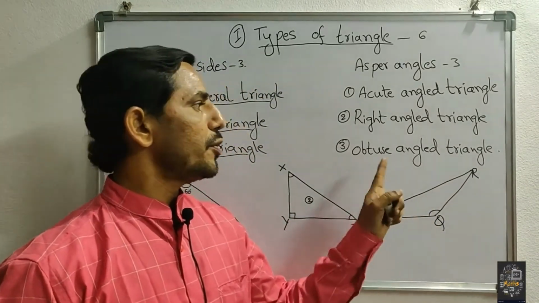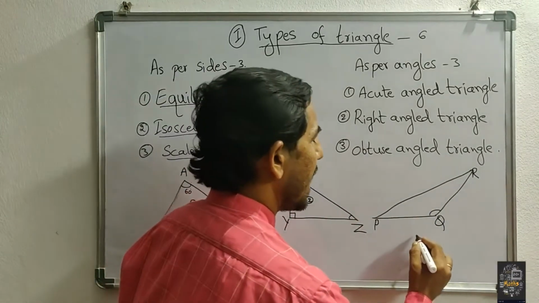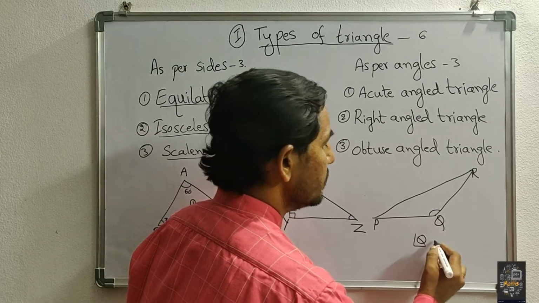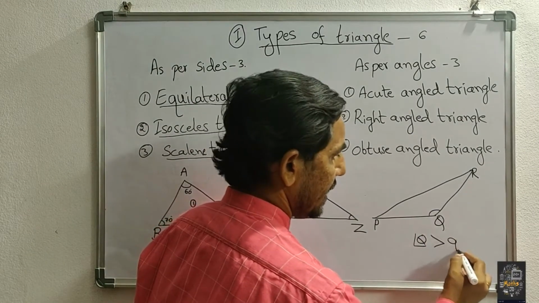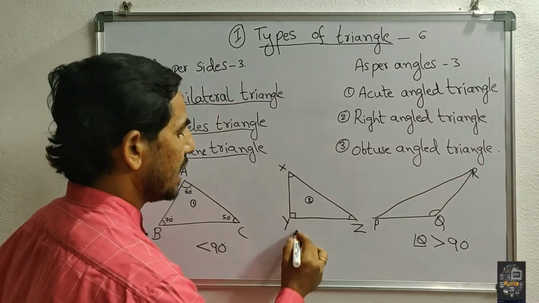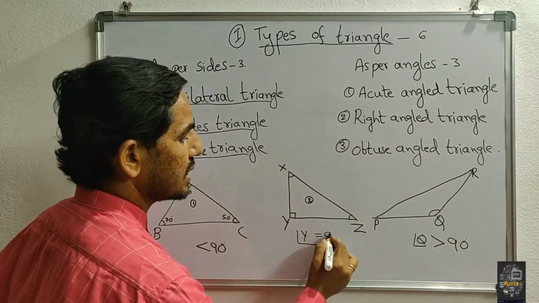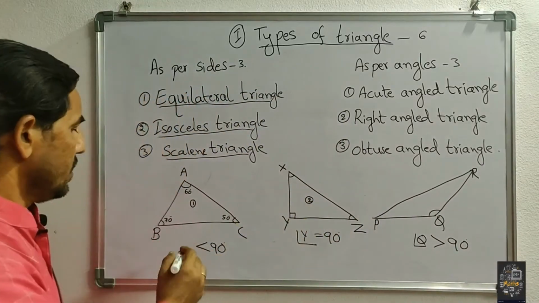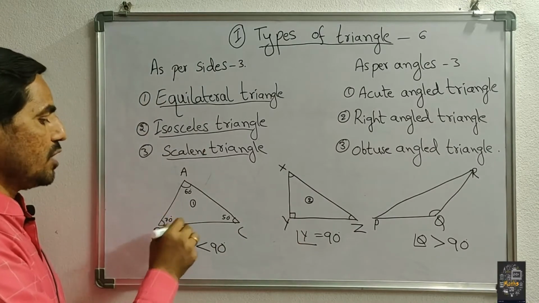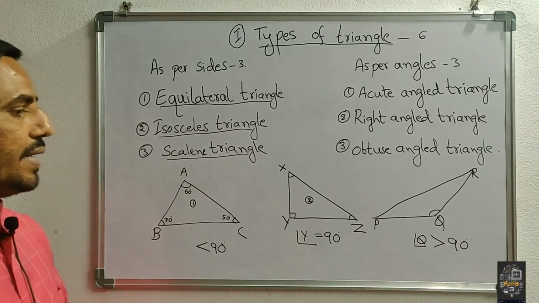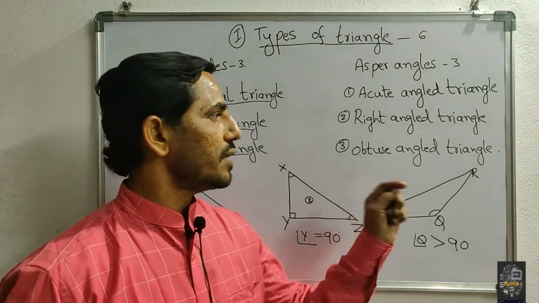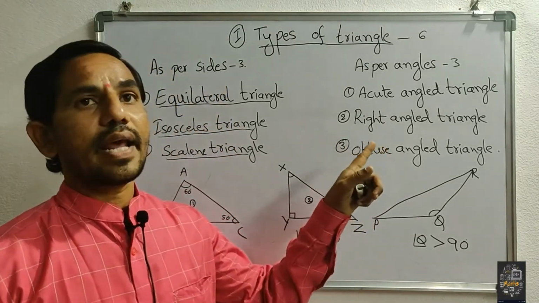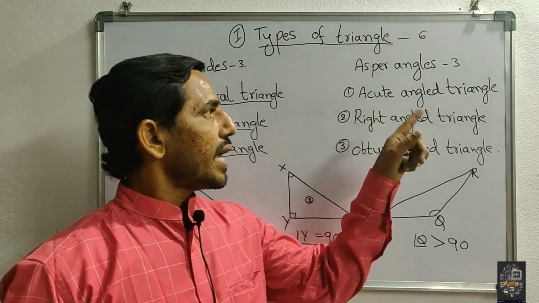That is an obtuse angled triangle. Here angle Q is greater than 90 degrees. Here angle Y is exactly 90 degrees. Here all angles are less than 90 degrees. This is an obtuse angled triangle, a right angled triangle and an acute angled triangle.